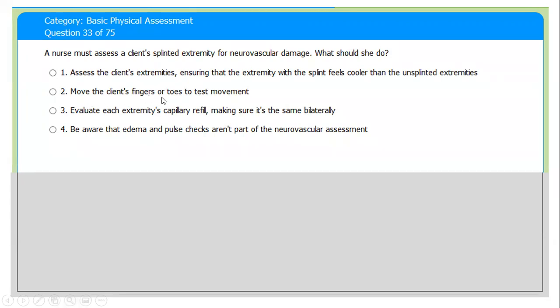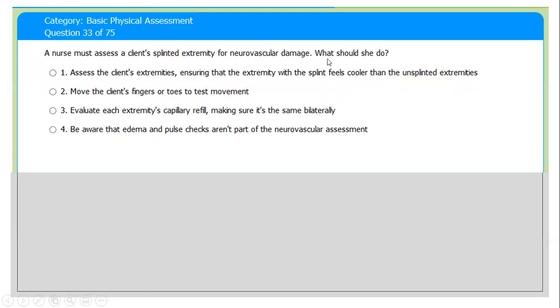Move the client's fingers or toes to test movement. Evaluate each extremity's capillary refill, making sure it's the same on both sides, or bilaterally. Number 4, be aware that edema and pulse checks are not part of the neurovascular assessment.